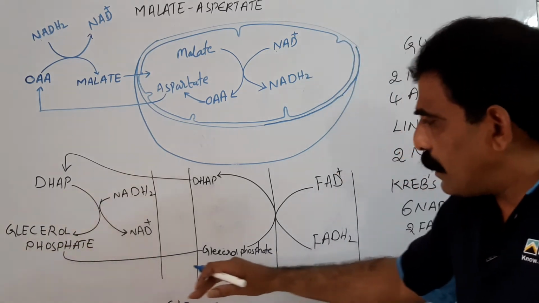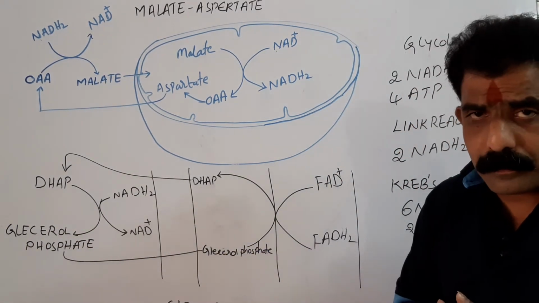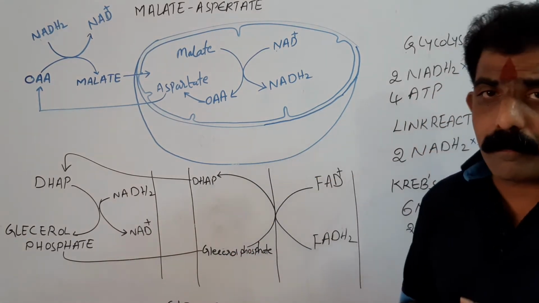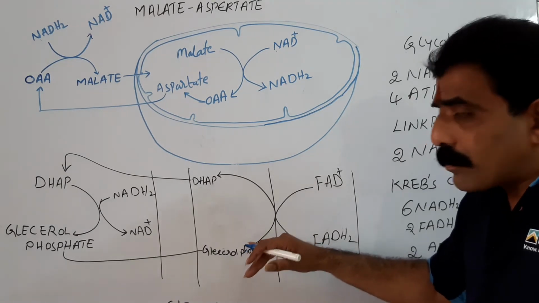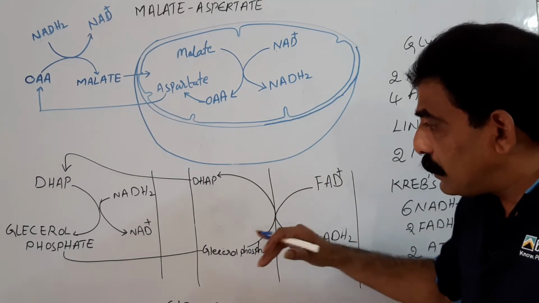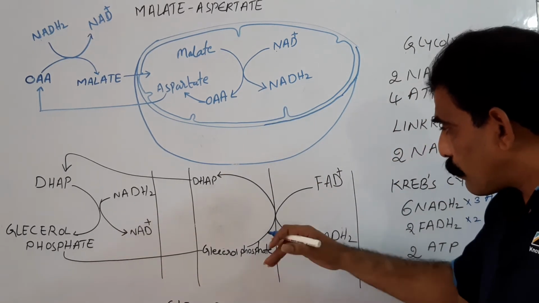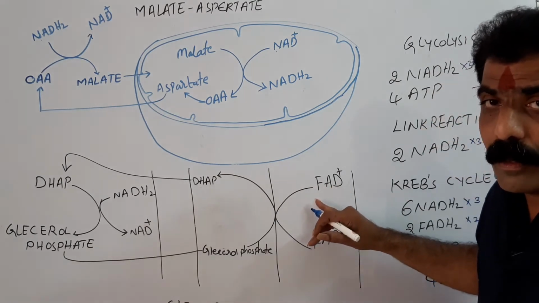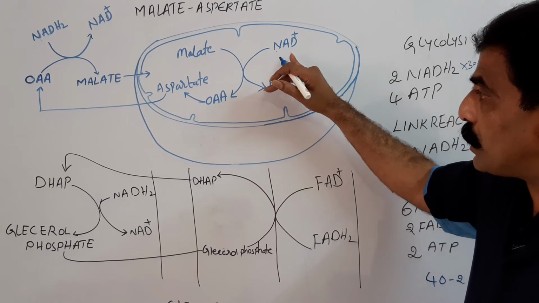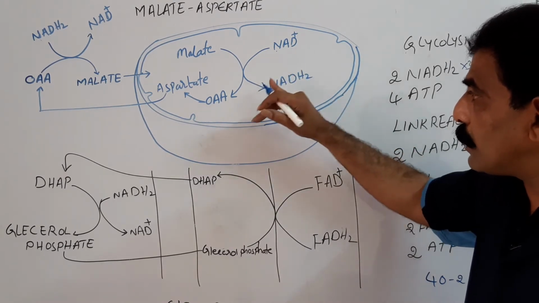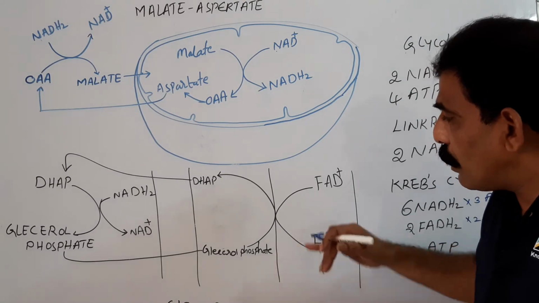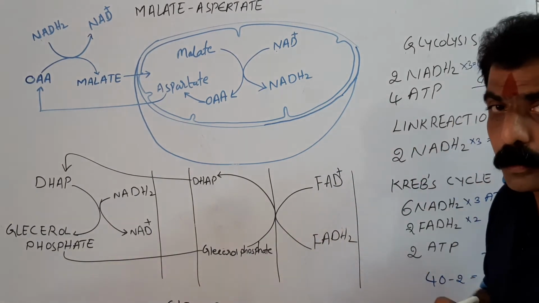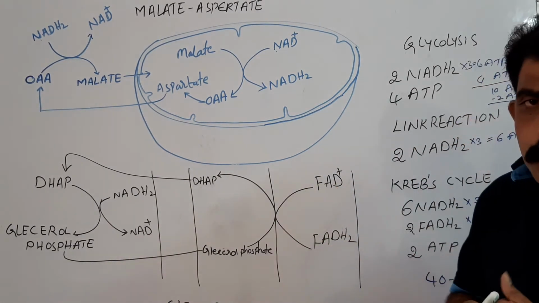Now the glycerol phosphate enters the perimitochondrial space. It goes up to the outer surface of the inner mitochondrial membrane. There, it transfers the reducing equivalents which it received from NADH2 to not NAD plus but FAD. That is the difference here. In the case of the malate aspartate shuttle, the reducing equivalents are transferred to NAD plus so that NADH2 results. But in the case of the glycerol phosphate shuttle, the reducing equivalents are transferred to FAD so that it is reduced to FADH2.